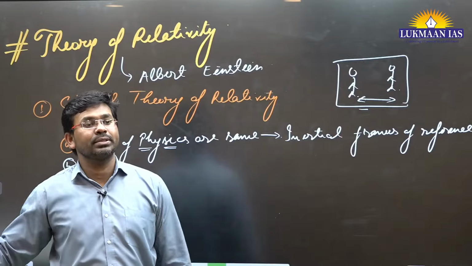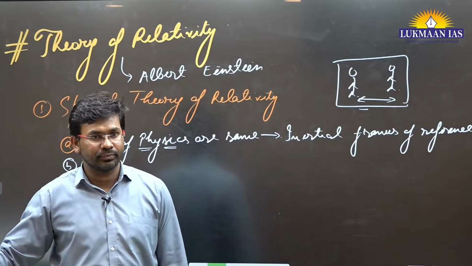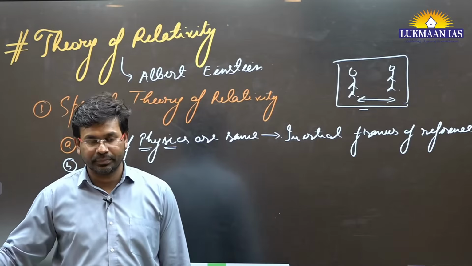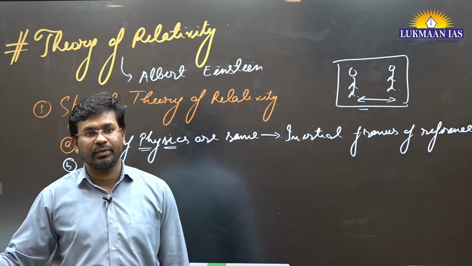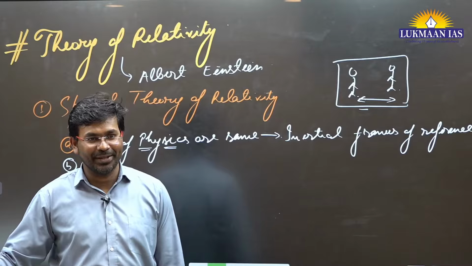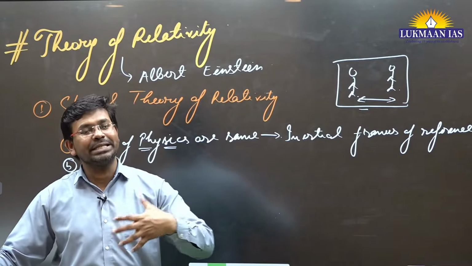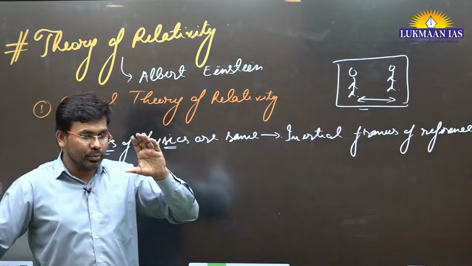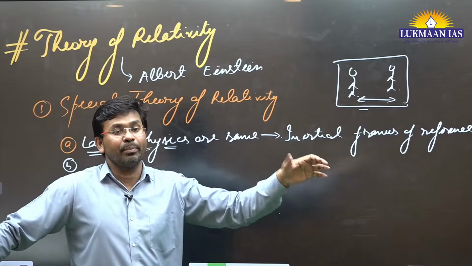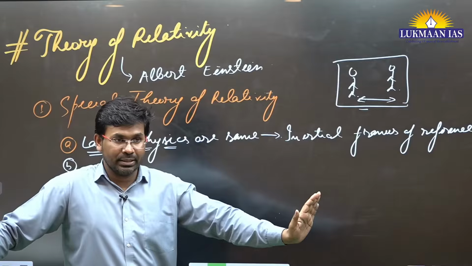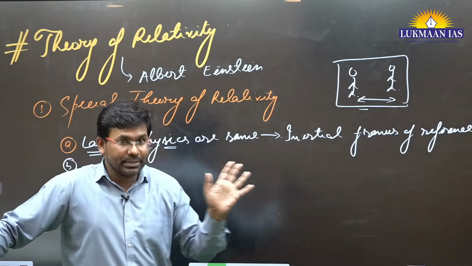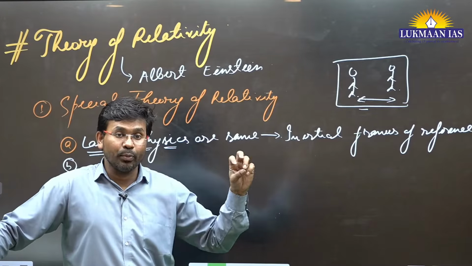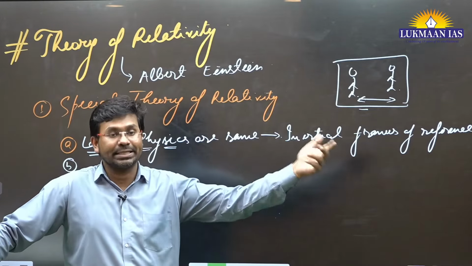Second law, what is the second law? Force is equal to the rate of change of momentum. In simple words, if you want to change the state of a body, you need to apply some force, and the force you apply will be equivalent to mass into acceleration.